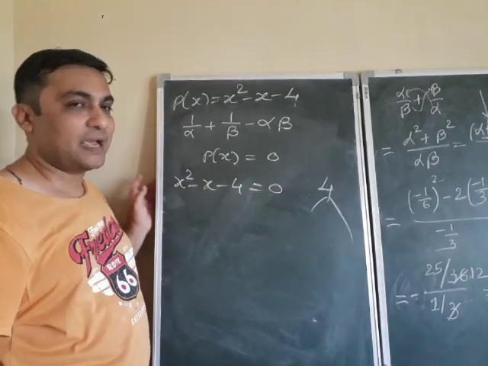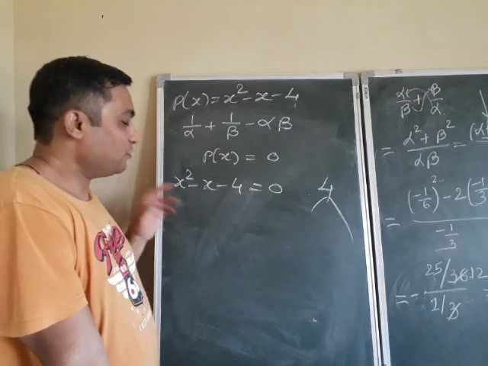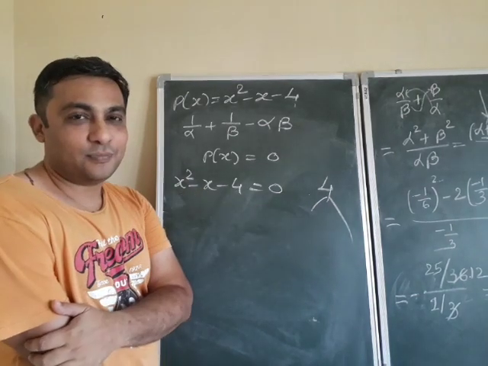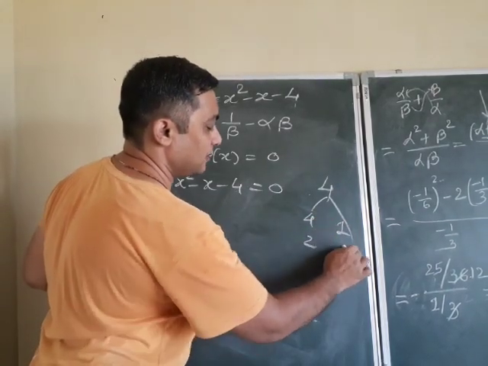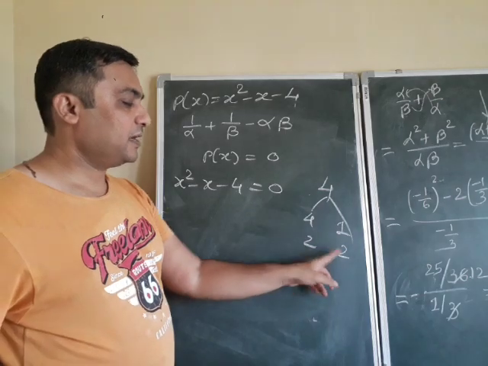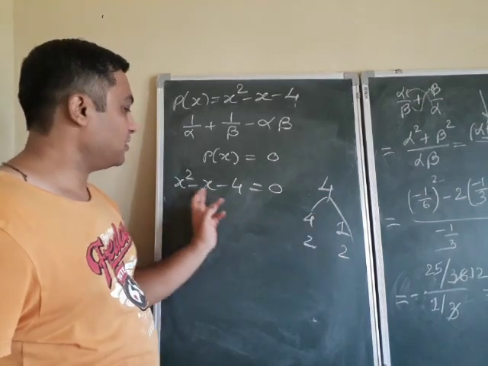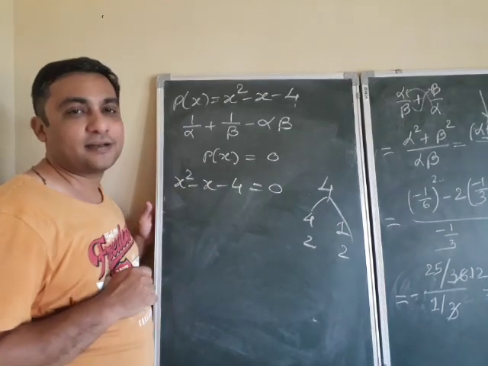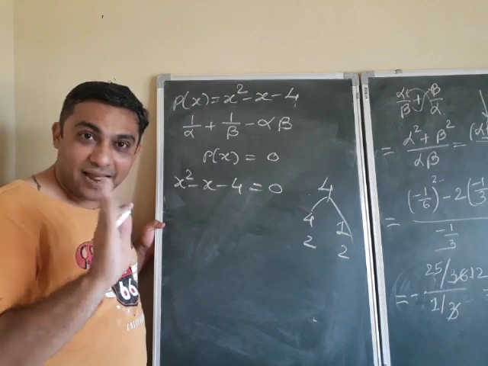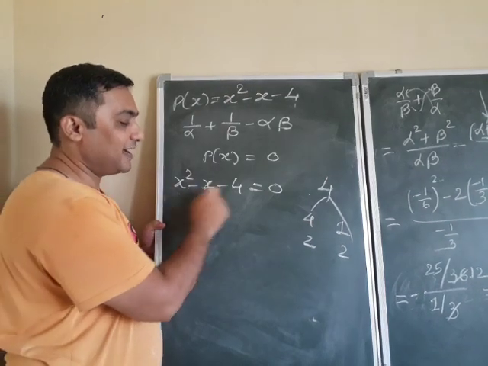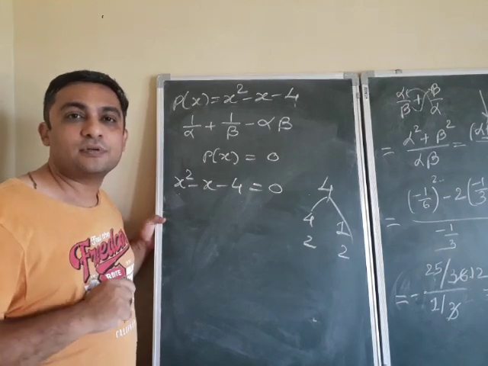Show that it would be minus 1. 4 has only two factors, 1 and 4, and 2 and 2. If we add or subtract, 4 minus 1 is 3 or 4 plus 1 is 5. But here nothing is done. It means this method is not effective in this case because the factorization of the quadratic polynomial is difficult.